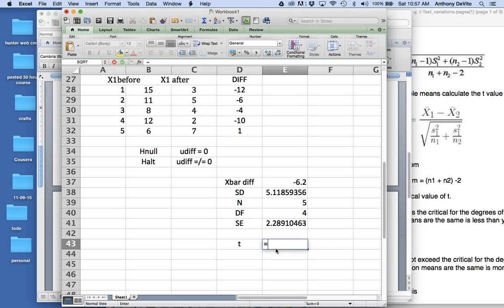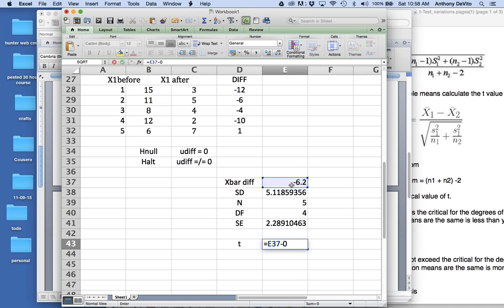So what is my t-score going to be equal to? In this case, it's a single sample t-test, and we're comparing the value we get for the differences to 0. So it's x bar minus what would have been mu, but here is simply 0.